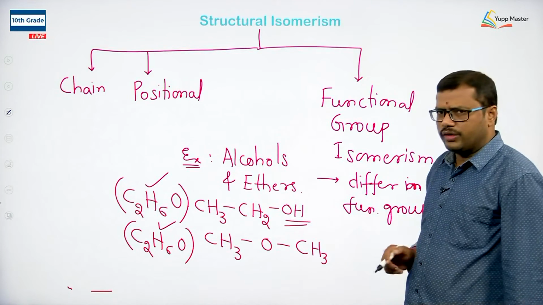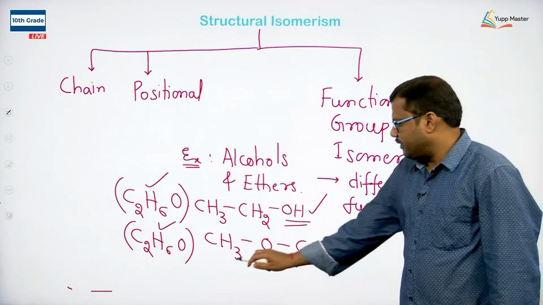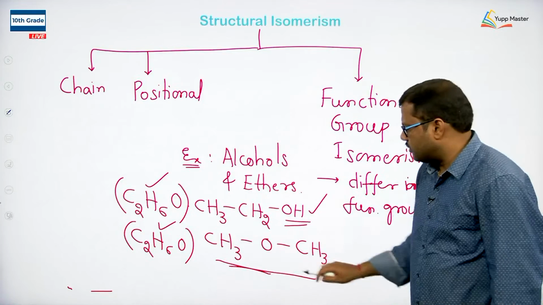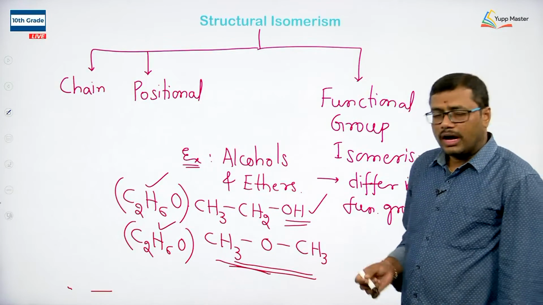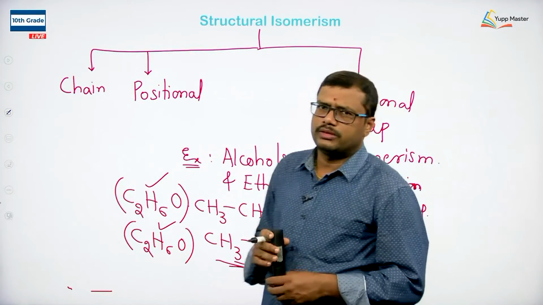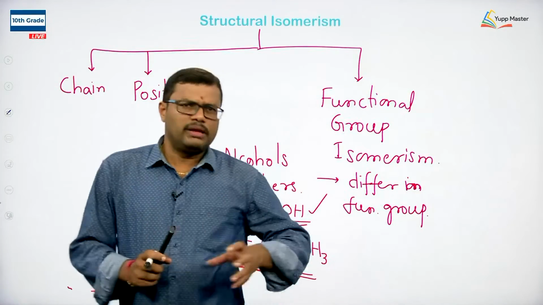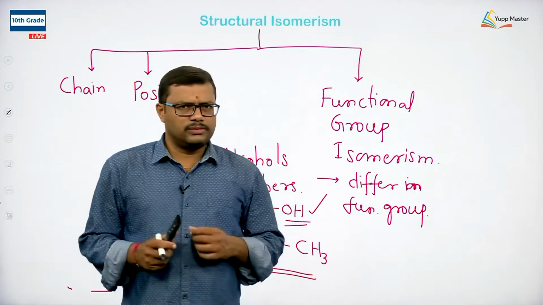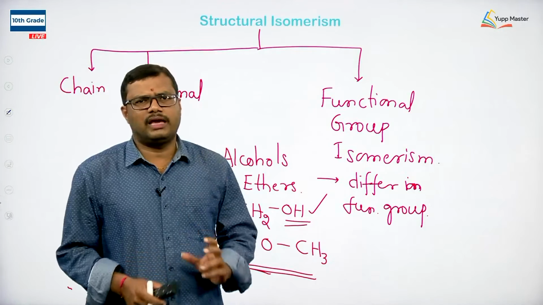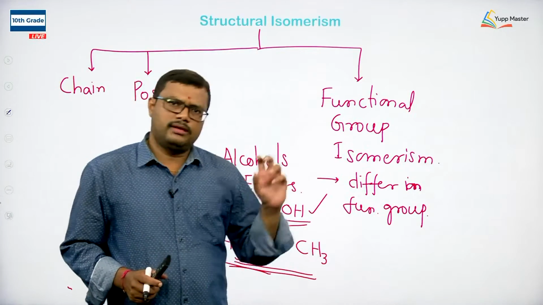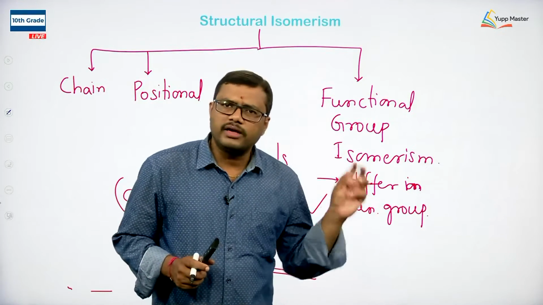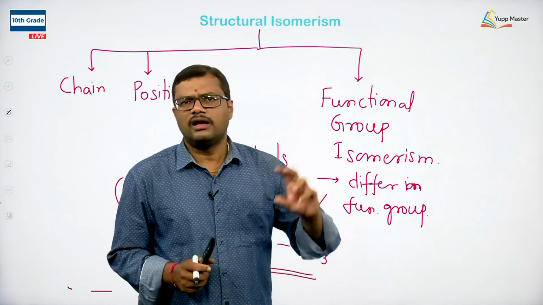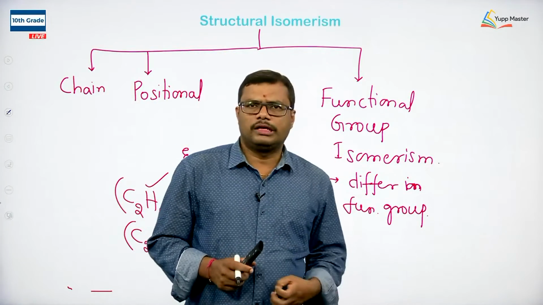Here we have ROH, this is alcohol. Here we have ROR, so this is ether. So alcohols and ethers are functional isomers of one another. Simply we can remember that functional isomerism is when organic compounds have the same chemical formula, but they differ in the functional group present in the molecule, okay.